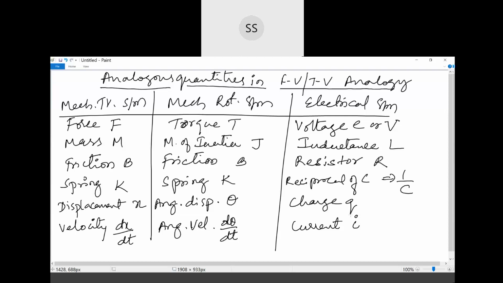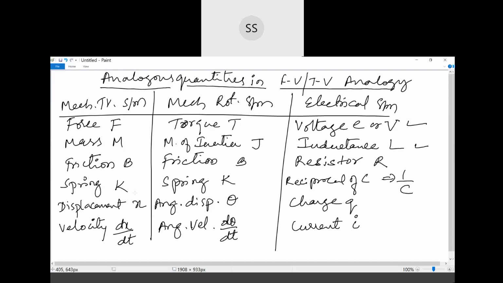Whatever the function done by force and torque will be done by the voltage source in case of electrical systems. Then the role played by mass and inertia will now be played by inductance L. Similarly, friction is represented by resistance, and the springing effect is represented by the capacitance in electrical systems.